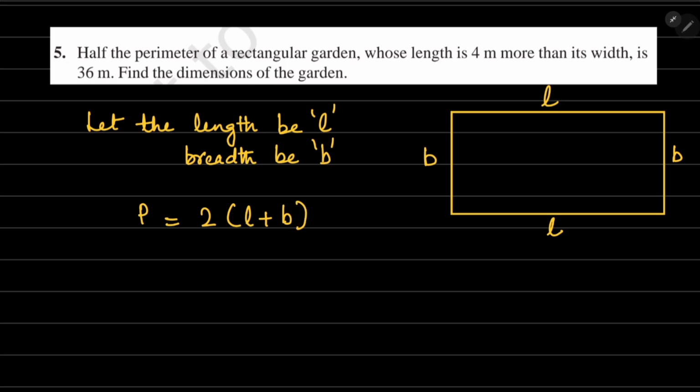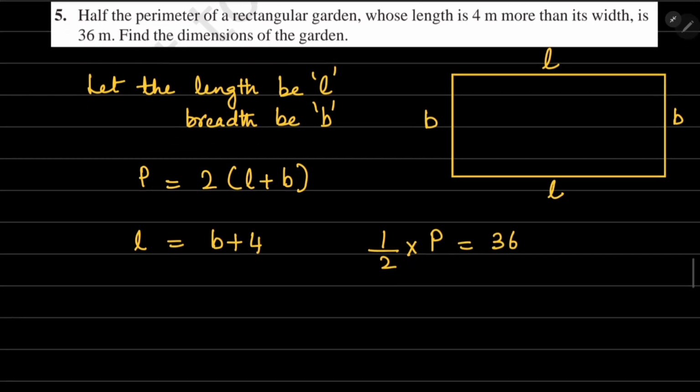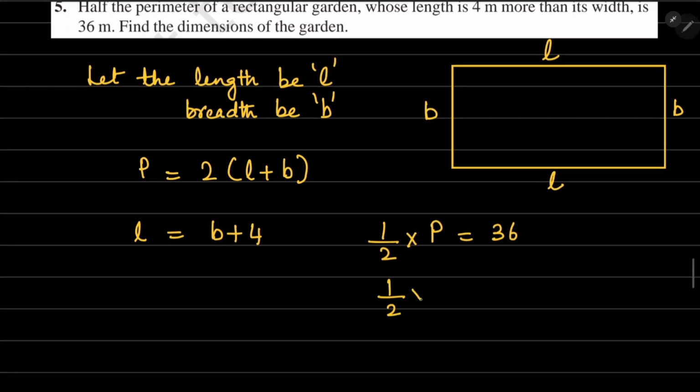Half the perimeter of the rectangular garden whose length is L is equal to 4 more than the breadth. Okay, and you are given that half of the perimeter, what is the perimeter? Let it be capital P is equal to 36. So let's substitute half multiplied by 2 into L plus B is equal to 36. 2 and 2 get cancelled. So you'll be getting L plus B equal to 36. This is your second equation.